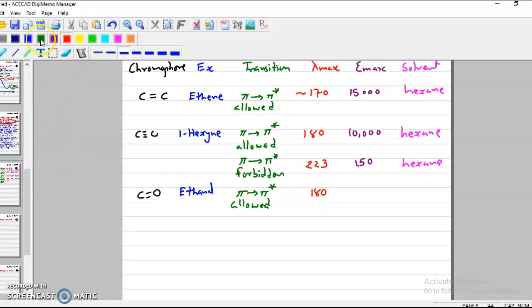In this case, a forbidden transition is also possible because a lone pair is available, so the n to pi star transition is also possible, and the value of lambda maxima is about 290.